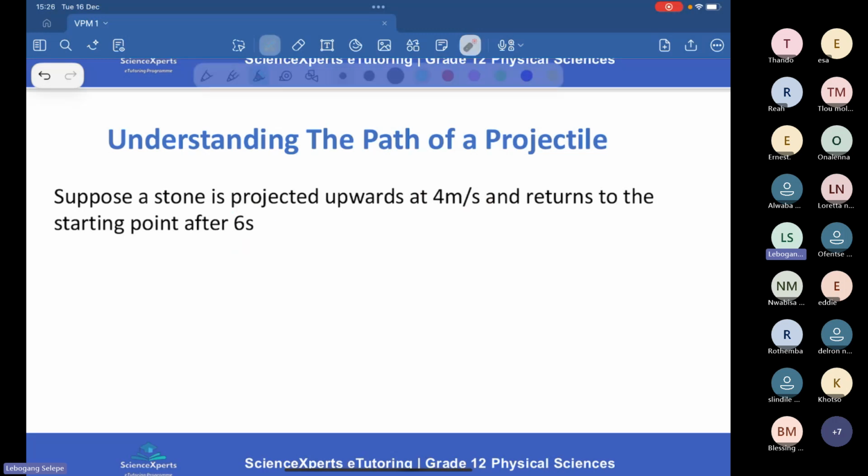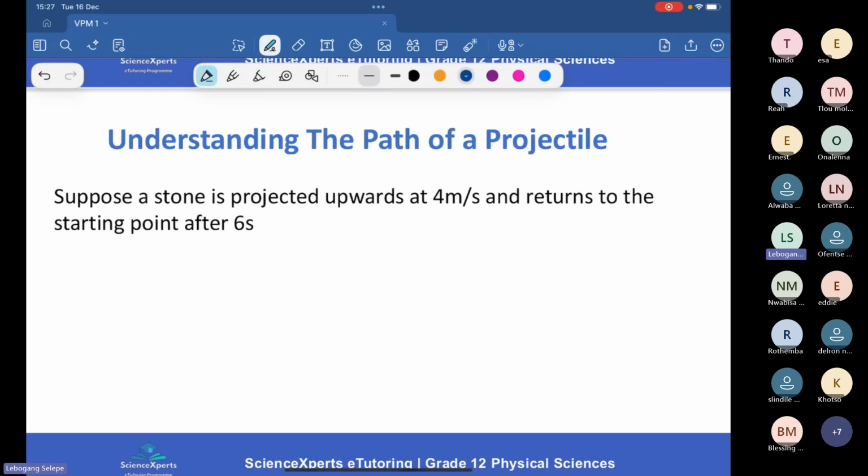Now I want you to draw the parabola that indicates the motion of the stone. Let's say it was thrown from the ground, for example. So this object would move up, up, up, reach a maximum height, then start moving down.